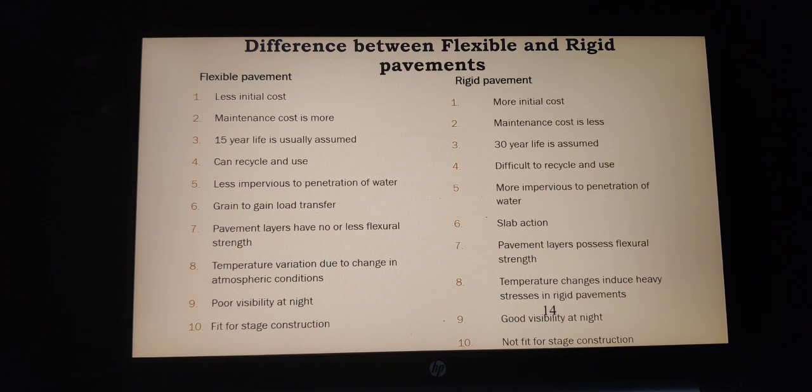And rigid pavement is more impervious to penetration of water than the flexible pavement. And the wheel load coming on the top surface is mainly transmitted to the ground using slab action in rigid pavement, and in case of flexible pavement, grain to grain load transfer is done.